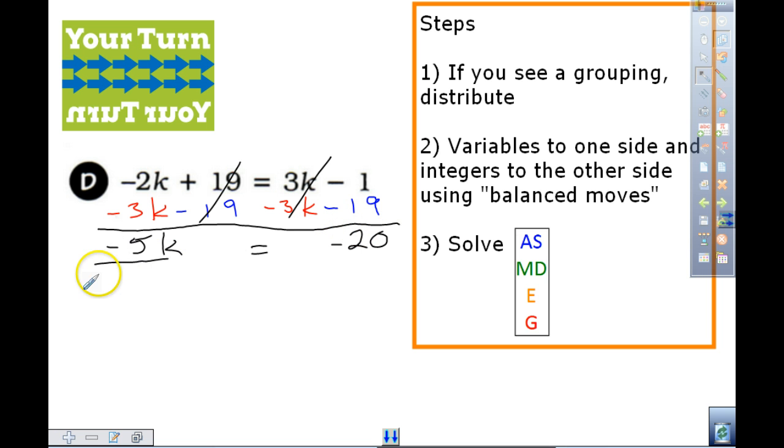Divide both sides by -5. That cancels out to equal 1. K equals positive 4. Okay, check your work. Does it all line up? You don't have to write this line, but does it all line up on an imaginary vertical line: the variables, the equals, and the constants?